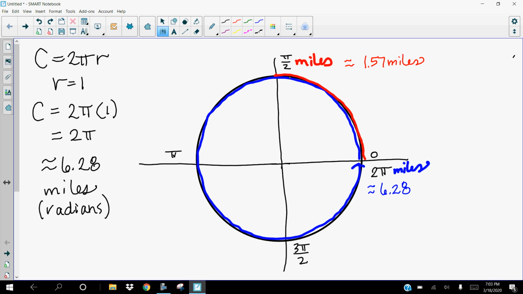All right, if I measure, starting at 0, notice we always go counterclockwise. If I measure half of the circle, that semicircle, that's half a circle, that's pi miles. Here we go with the thickness again.